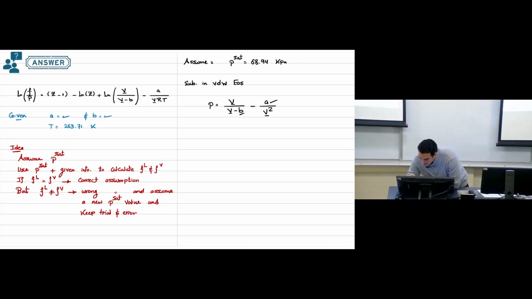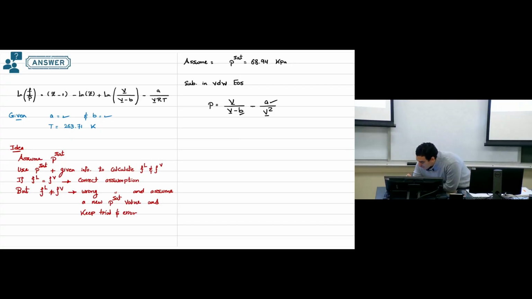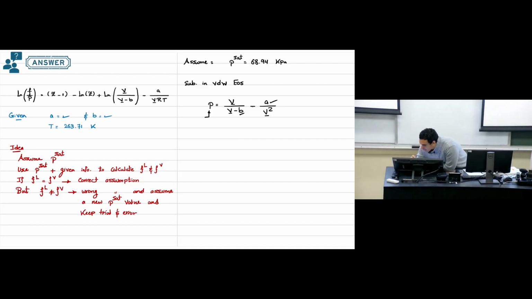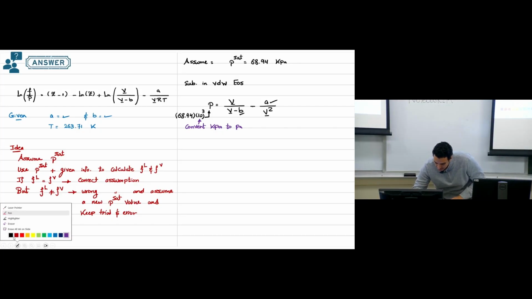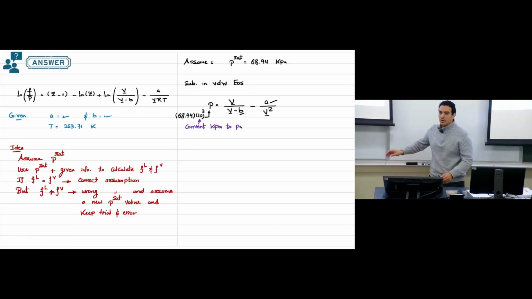I have the value of B given. I have this pressure, the value that I assumed, 68.94 times 10 to the power 3. And why am I using this 10 to the power 3? To convert kilopascal to Pascal, to have everything in the SI system, to be consistent with the given values of A and B.